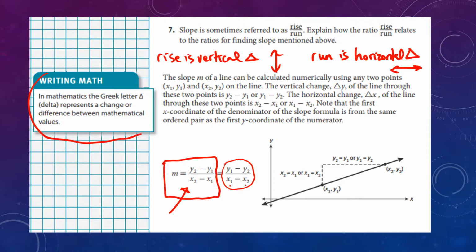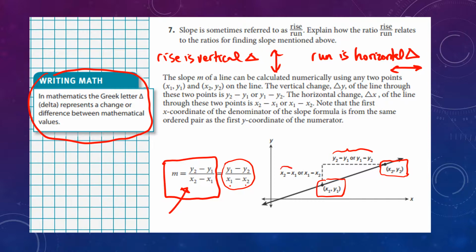Here's just a recap that the Greek letter delta represents a change. You'll use that in chemistry, you'll use that in physics, and a lot of other practical sciences. So here is the formula in action. If you have a point whose coordinates are (x1, y1) and a point whose coordinates are (x2, y2), then you can find the change in y by doing either of these things, but you will subtract them.